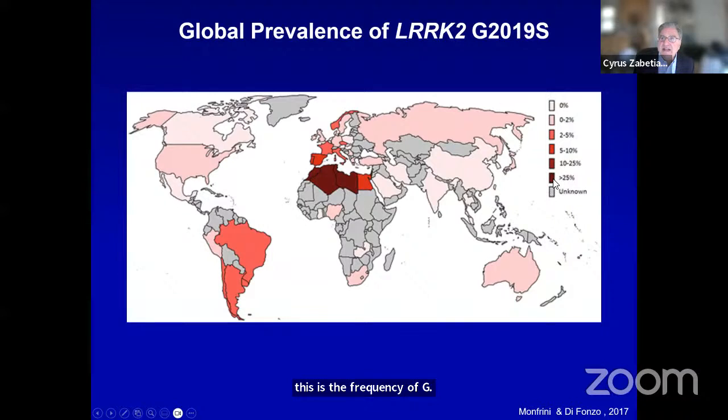You can see from this heat map that in Israel and North Africa, the frequency amongst PD patients of this mutation is upwards of 25 to 30%. It's higher in Southern Europe. In the US, in North America, it's probably about 1% or so in unselected patients, very rare in Asia, and somewhere in between in South America.